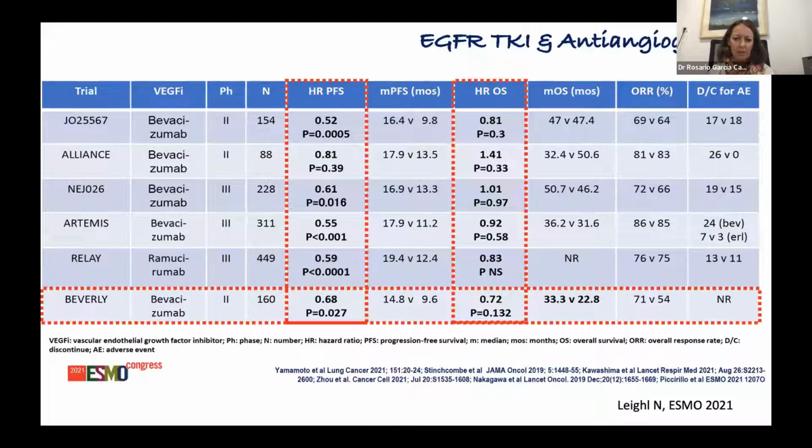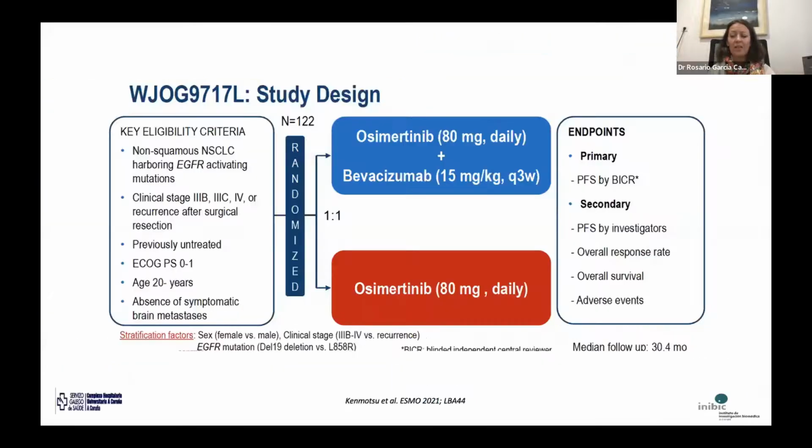One approach that has been tested in different trials is the combination of an EGFR tyrosine kinase inhibitor plus an anti-angiogenic agent. This has some very good preclinical rationale, and the data coming from phase 2 and phase 3 trials seem at least promising. We have PFS around 17, 18, 19 months, but unfortunately, no important differences in terms of overall survival.